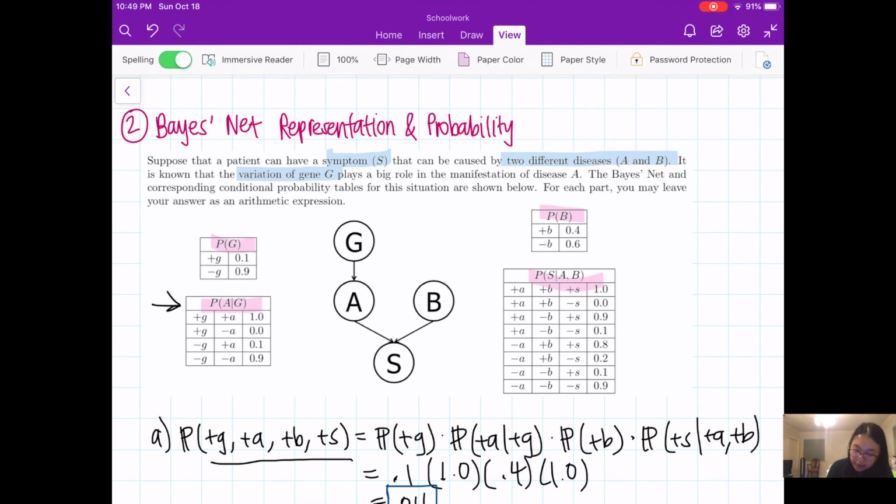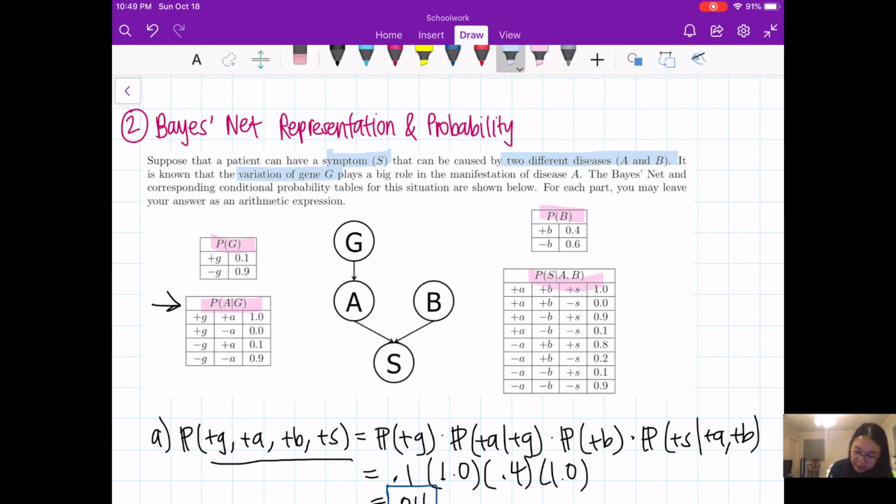So here we see that both A and B go to the same children, and they are affecting the same children, and they don't have any common ancestors. So in general, if there are no common ancestors, two nodes will be independent. And that's because there isn't something, even in their whole past, that influences both of them.